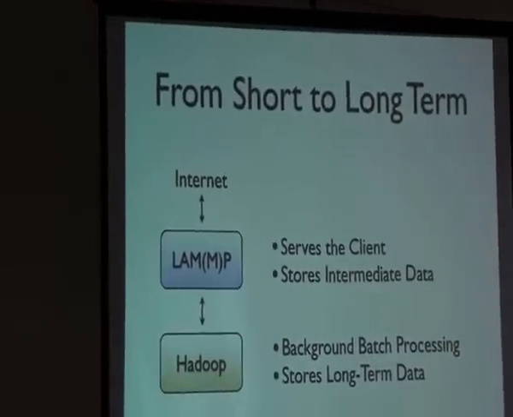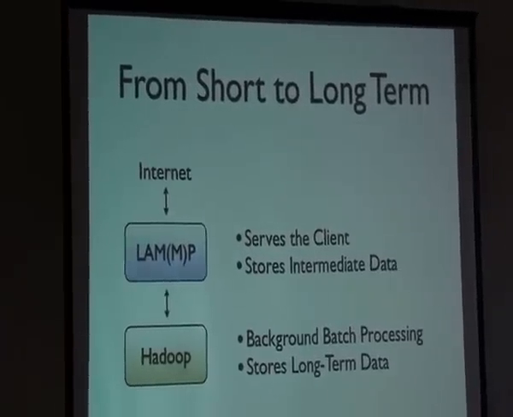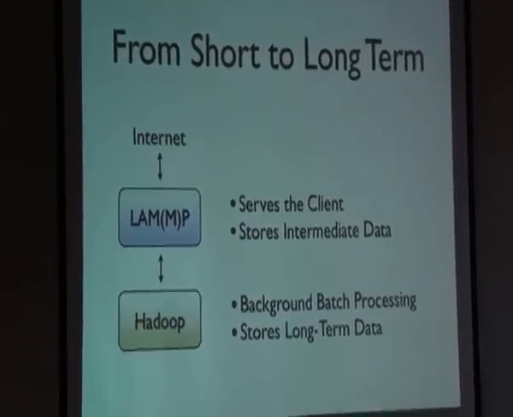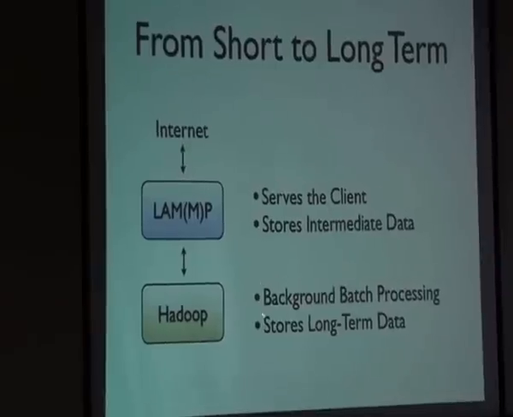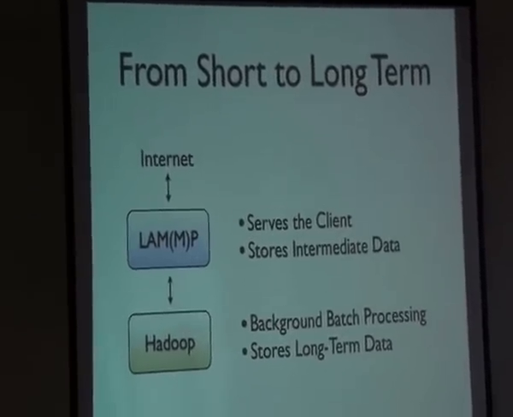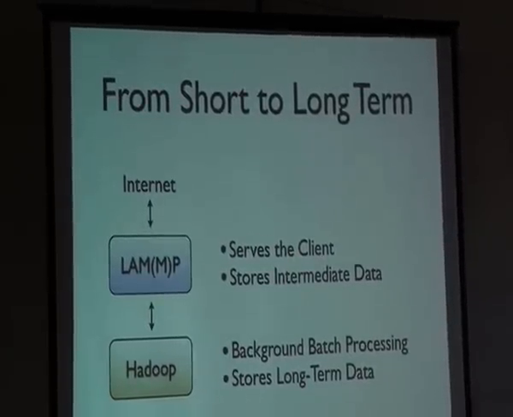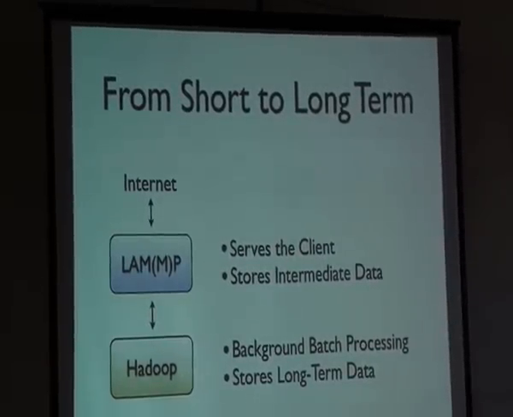And then we add this Hadoop layer, right? We just plug it in and say, okay, there's Hadoop. So we make use of it. And how? For long-term storage, we store the background information, and we use background batch processing to do the analytic part, like the analysis of the data, the computational part.